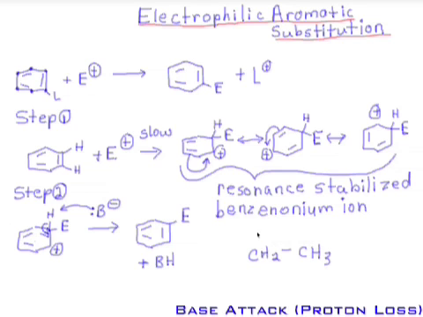If we had Markovnikov addition, we then get nucleophilic attack. If the electrophile added to the carbon with the most hydrogens in the first step, the nucleophile would add next. So alkenes go by electrophilic addition, and we'd get some nucleophile attached to our CH2. So alkenes undergo electrophilic addition.